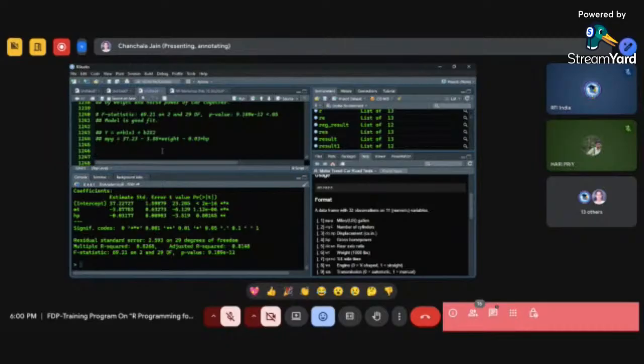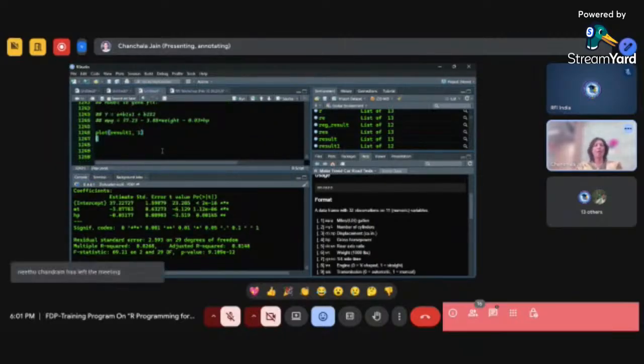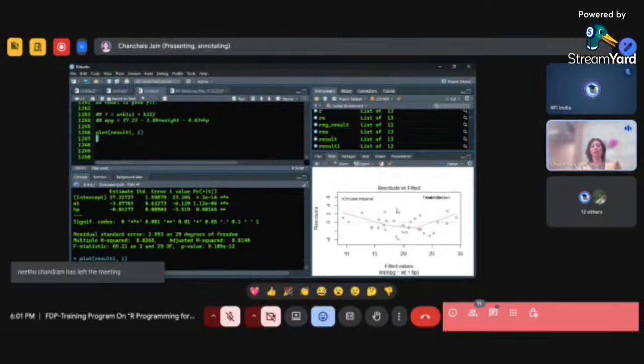Now I'll go and talk about the first plot. This plot is for the variance. You can see the middle line, the zero line, in the middle of this box.